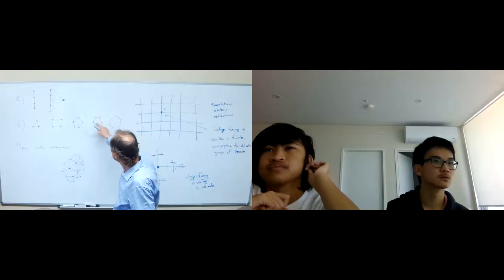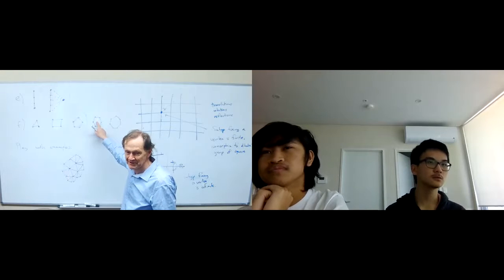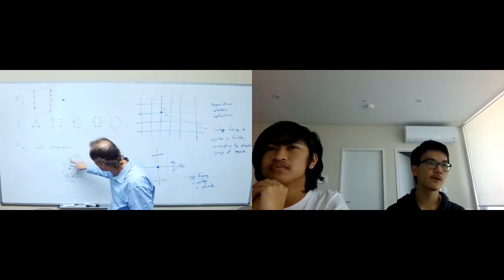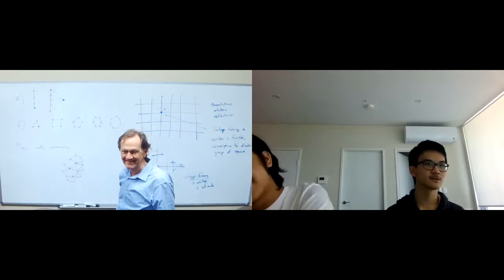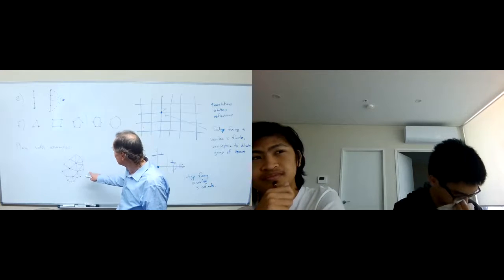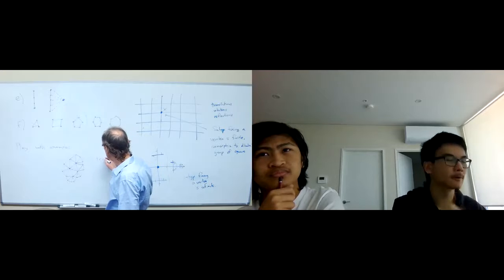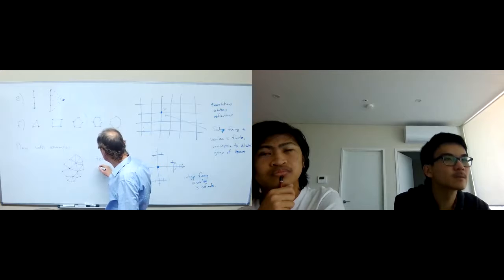Each angle here is 60 degrees, and there are 6 of them meeting at each vertex, and 6 times 60 is 360. But now what are the angles on these triangles? Doesn't add up cleanly. Doesn't add up, no. So these are in the tessellation, but not of the plane, but of what's called the hyperbolic plane.